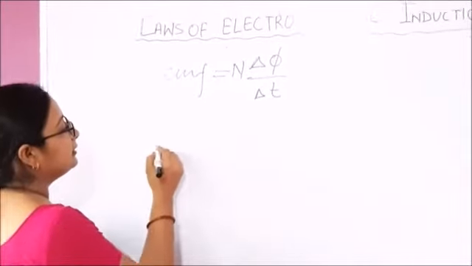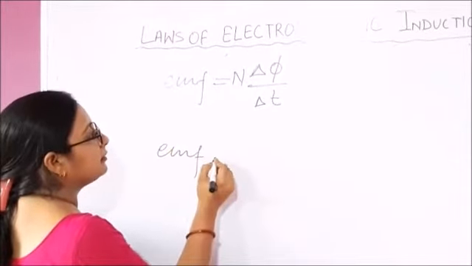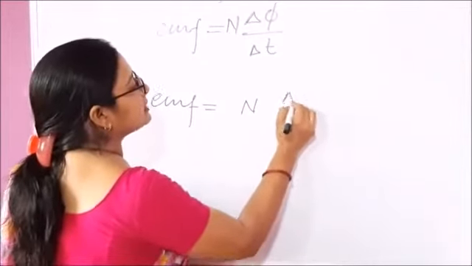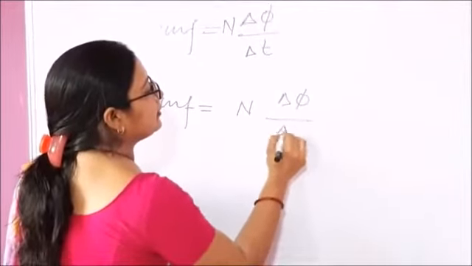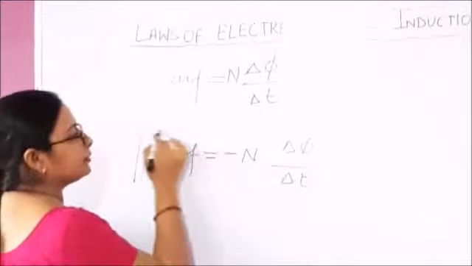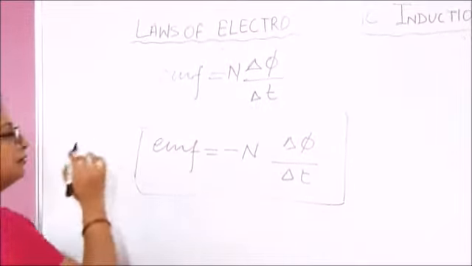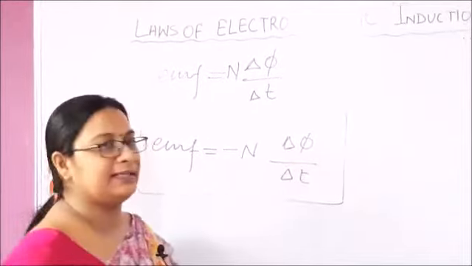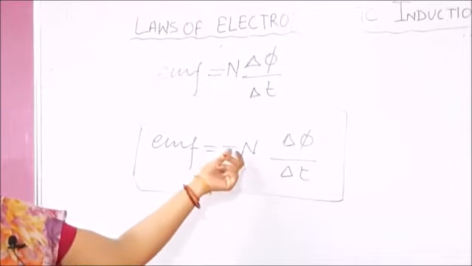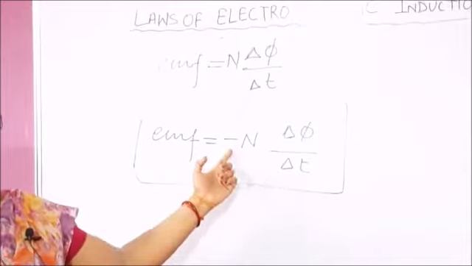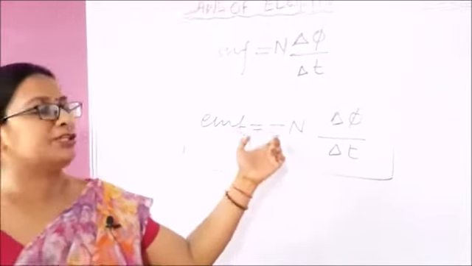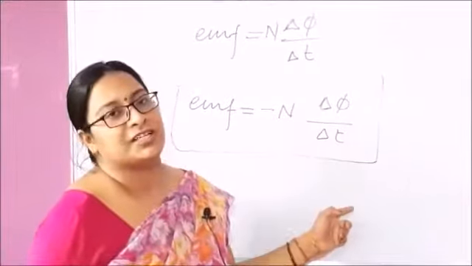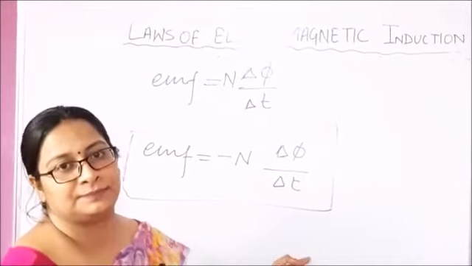So here the combined effect of Faraday's law and Lenz's law is EMF is equal to minus n d phi by delta t. Here the minus sign shows that the polarity of the coil, or the direction of induced current in the coil, always opposes the change in flux.